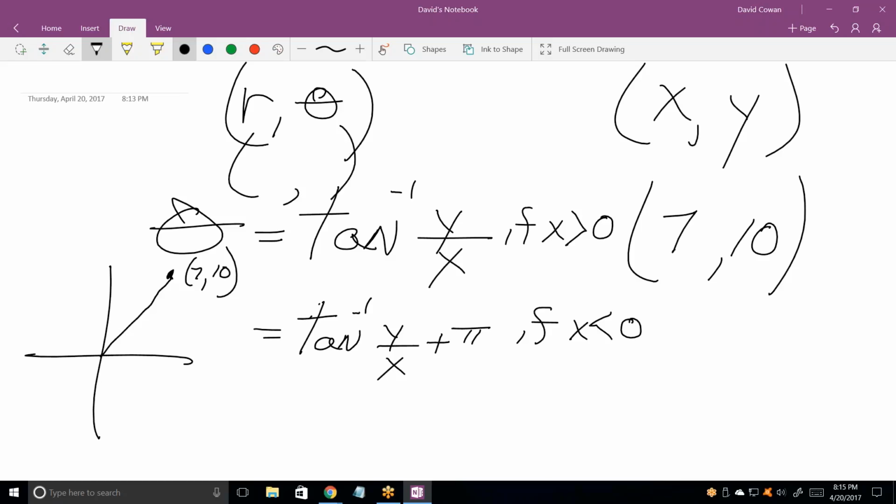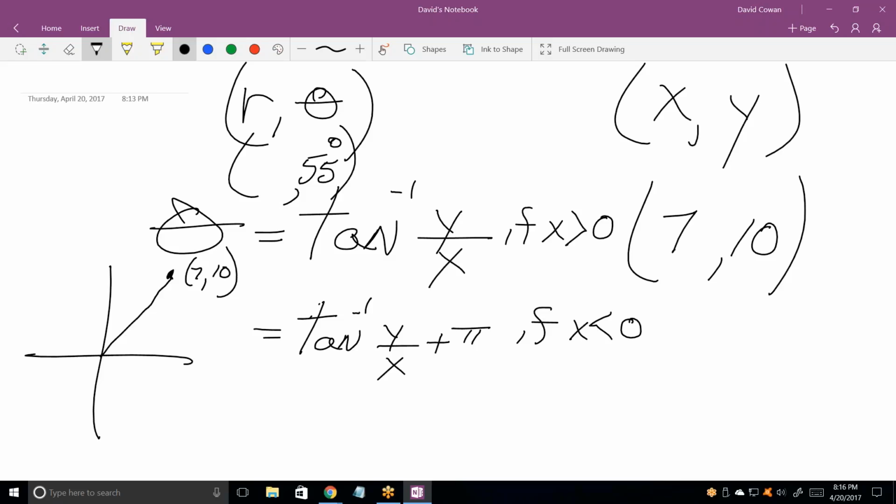The inverse tan of 10 divided by 7 is 55 degrees. Give it to me in degrees. Oh, sorry, yeah, degrees. So I've solved for theta.